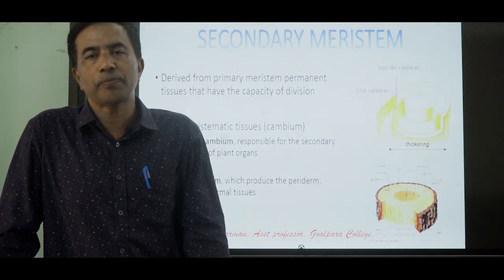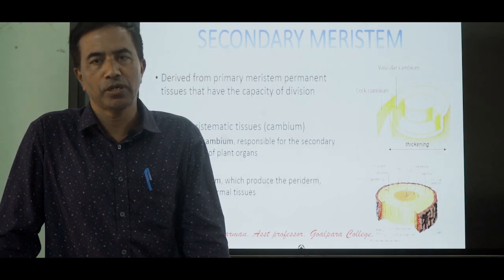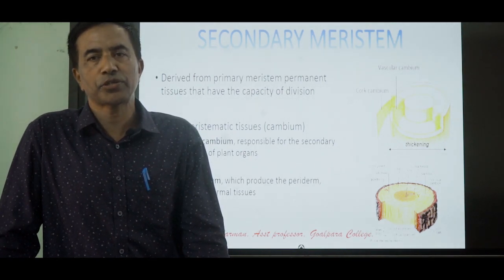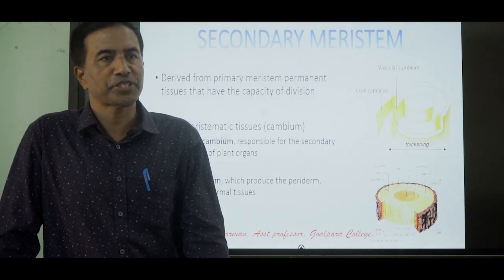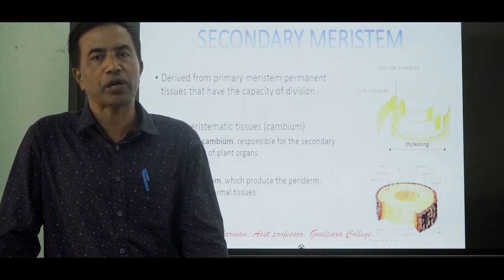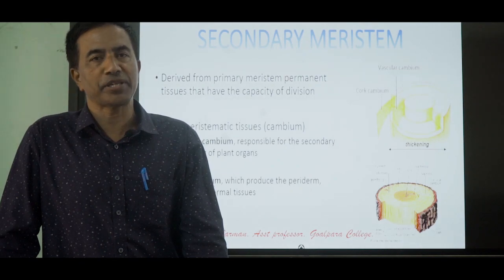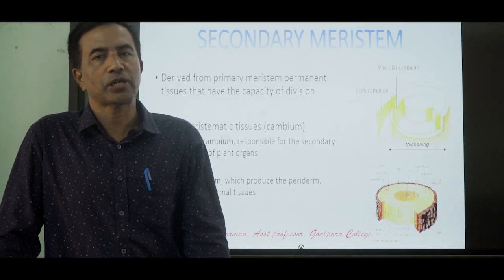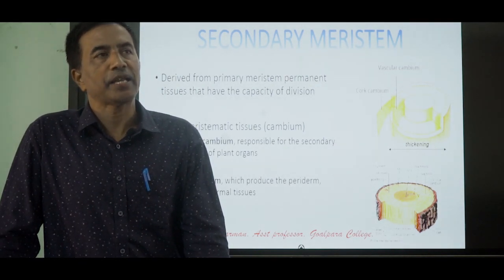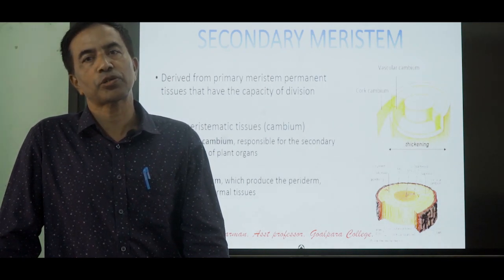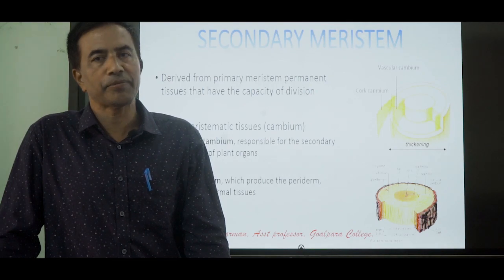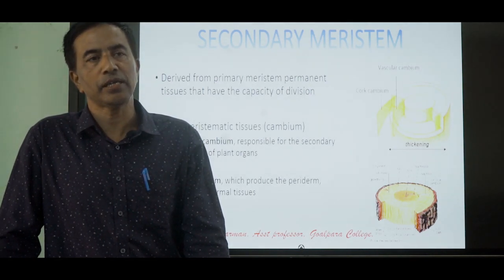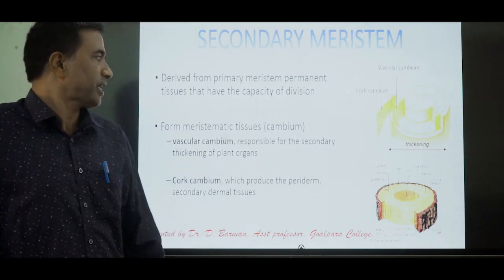It is derived from primary permanent tissue. Generally permanent tissue cannot divide, but in some special cases it gains the power of cell division and becomes meristemic tissue, called secondary meristem. It is responsible for secondary growth, growth in thickness. It is present only in dicots and absent in monocots.